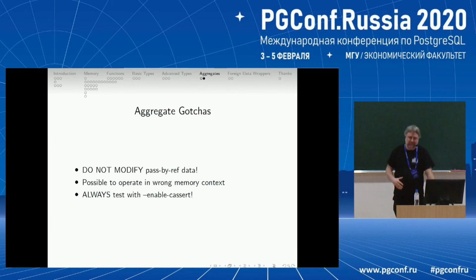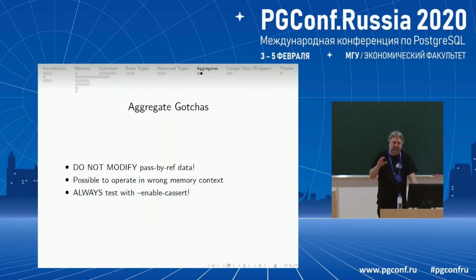Even if you use all the functions I mentioned, if you don't allocate into the correct memory context, either by switching memory contexts or by allocating into a specific context, you will end up with stuff in the wrong place that will get freed out from under you. So always, always, always test with enable cassert. If you test with enable cassert, all these problems will always crash your test instance and therefore never crash your production instance.